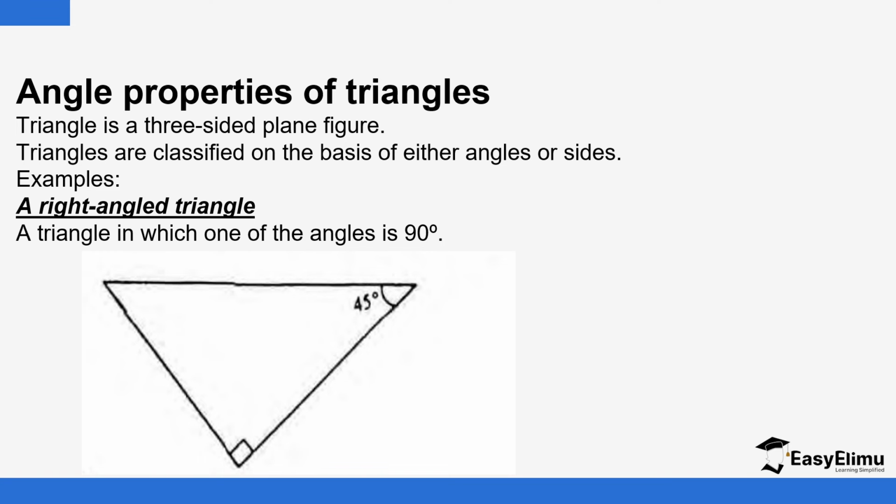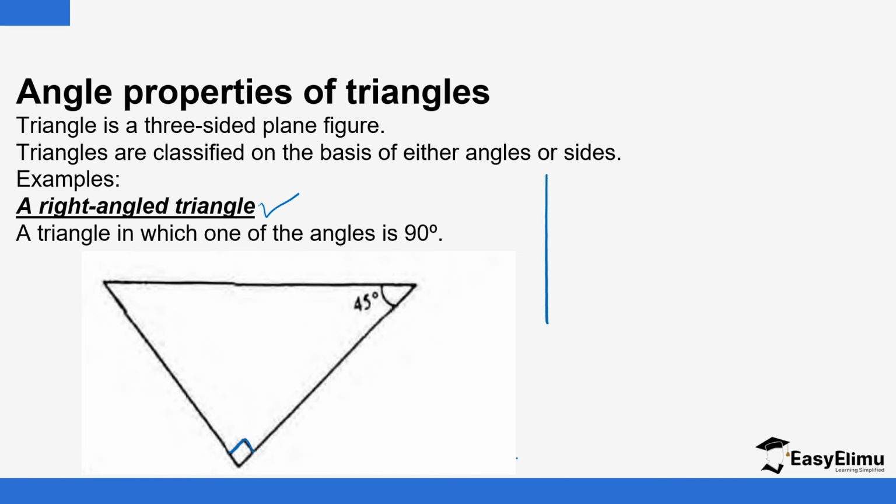For example, when we have a triangle in which one of the angles is 90 degrees, we call it a right angled triangle. A very good example is this. Previously, I talked about this symbol. You draw a triangle and then you label that box.